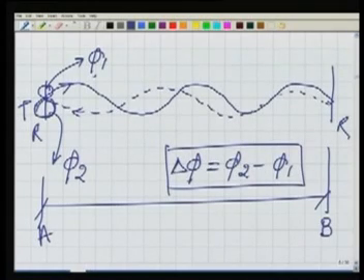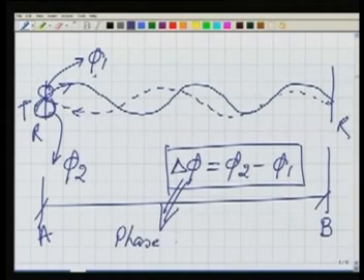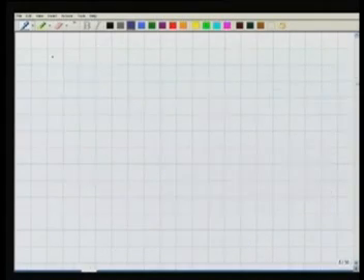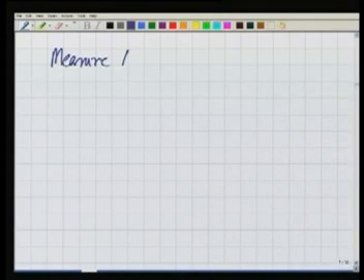So this phi value will be always constant, and this we say as phase difference. What we try to do is measure this phase difference.